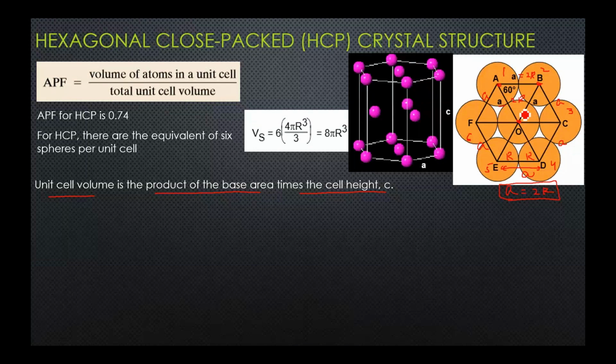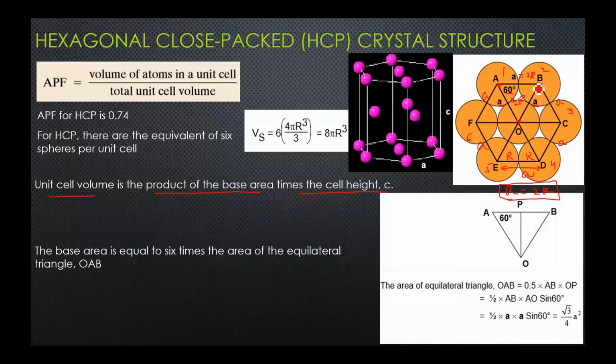Similarly, the length OB is equivalent to 2R, or A. Now, if all three lengths of the triangle are equal to A, we essentially have an equilateral triangle where the internal angle is 60 degrees. So if I take this triangle out, I have a triangle OAB where the length AB is A and the interior angle is 60 degrees.